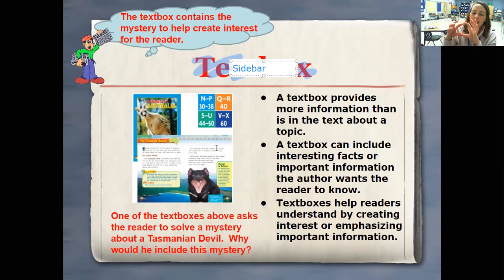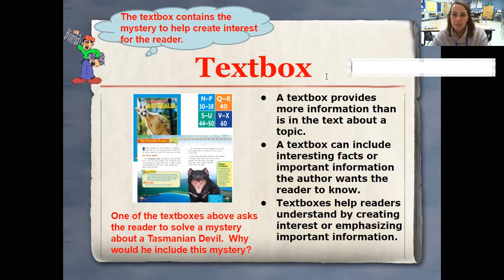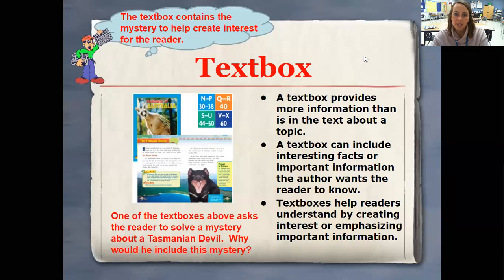It might say extra information or cool facts. And it usually has its own little title to let you know, but this is a sidebar. It's a little box that helps the reader by just giving some additional facts and information, okay? So not a text box, that's called a sidebar.